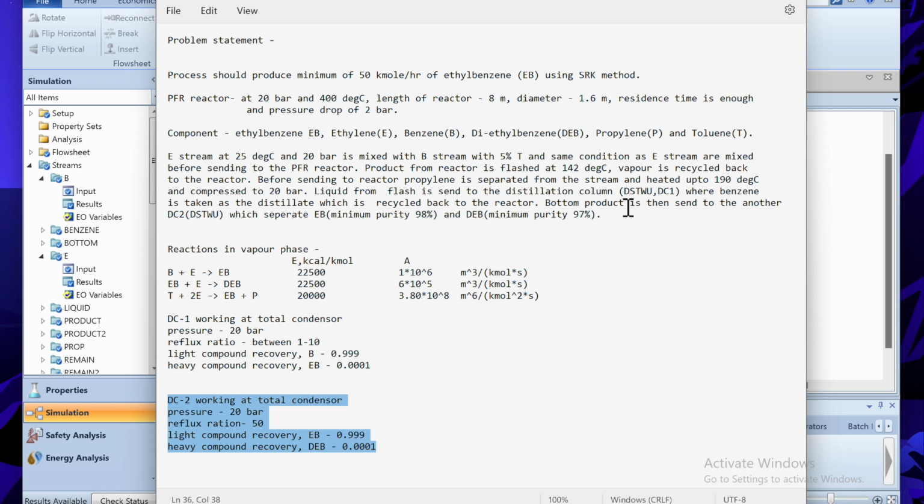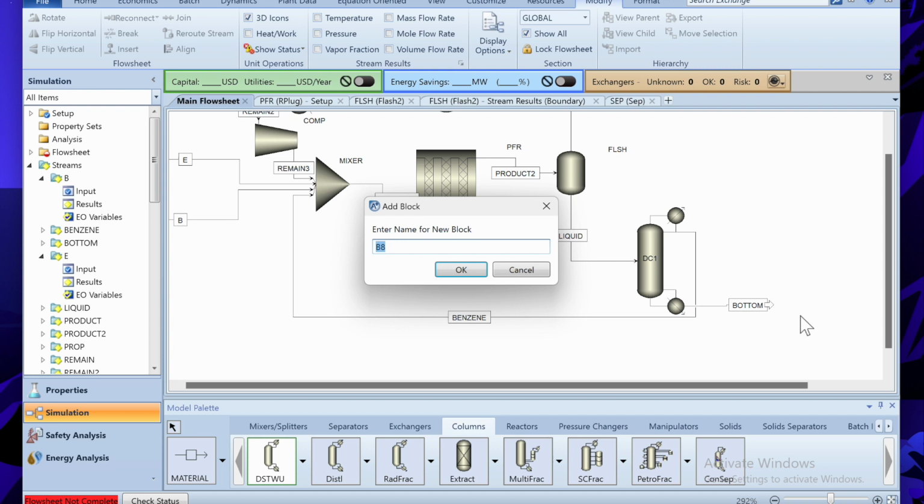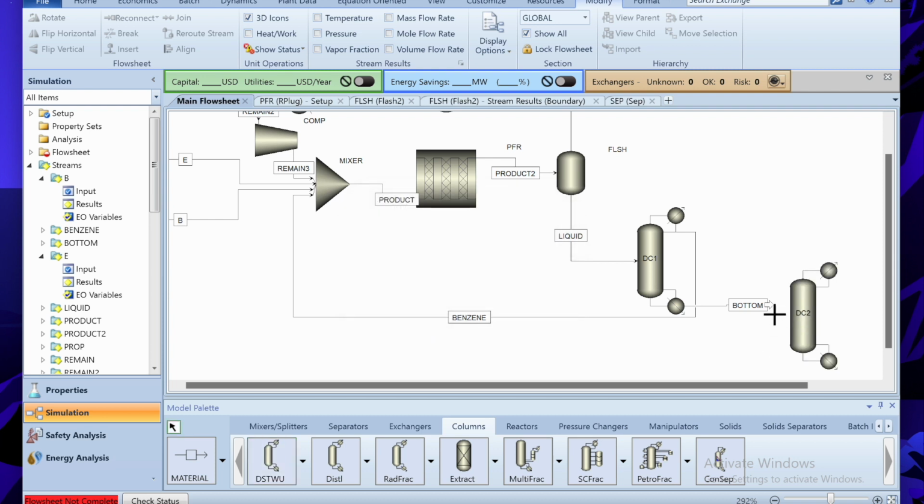So the next part is you have to add a second distillation column. Okay, so reflux is 50, pressure is 20. The light component is ethylbenzene and the heavy component is diethylbenzene, correct. So again we have to put a distillation column. So this is your distillation column.